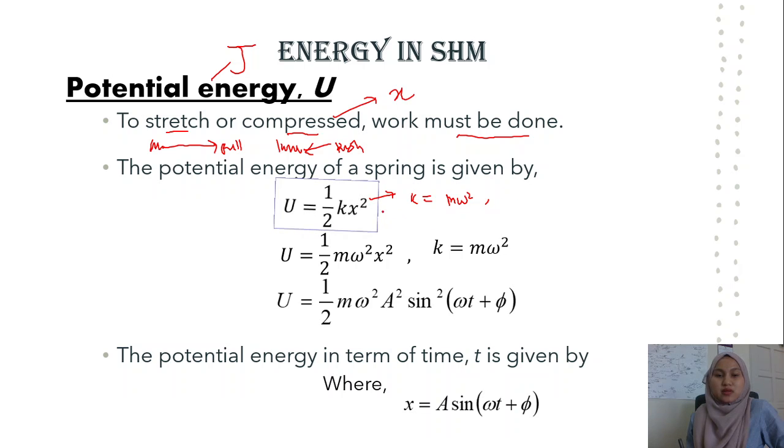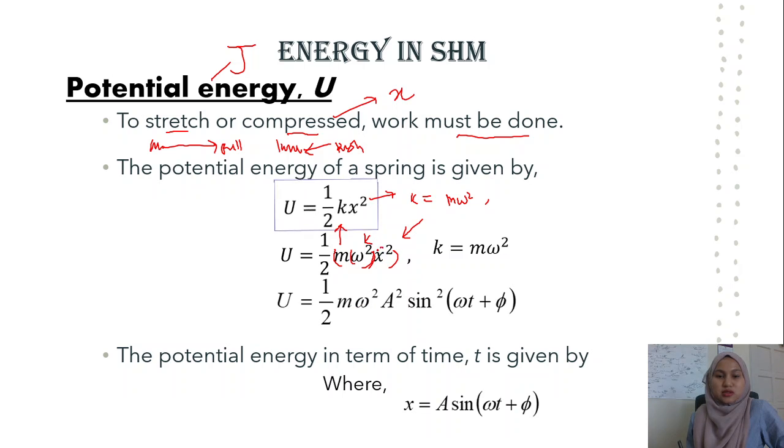Then we just substitute this equation into the equation here: m omega squared represents k, so we simplify to half m omega squared x squared.